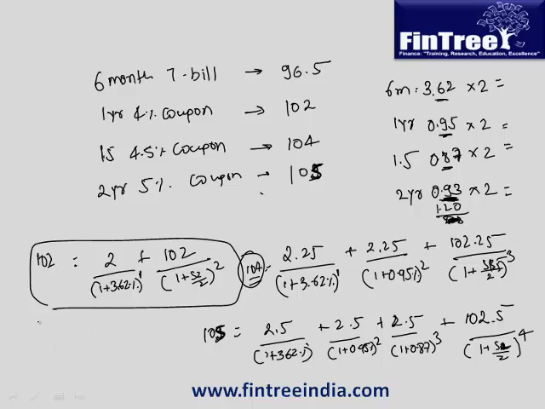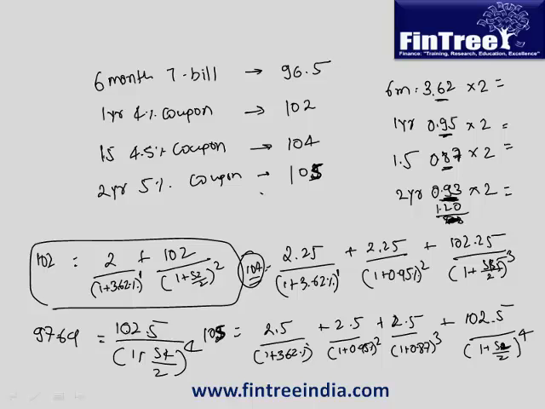How much? 97.69 is equal to 102.5 divided by 1 plus S4 by 2 raised to 4. Okay. So now second clear TVM. 97.69 is present value.